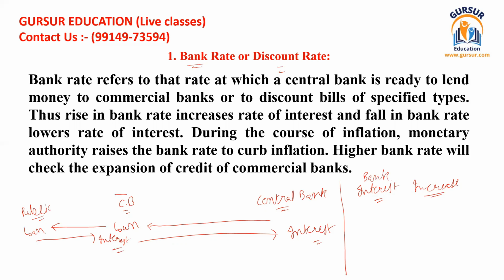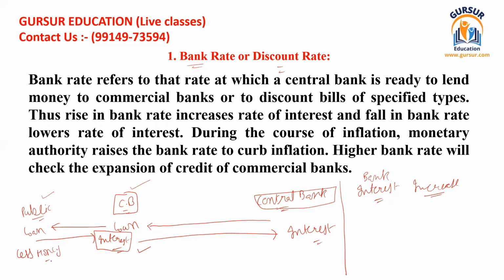Ultimately commercial banks have to pay more interest to the central bank, and when they have to pay more interest, they increase the interest rate on loans given to the public. Ultimately, the public has to pay more interest, so they have less money in their hands.